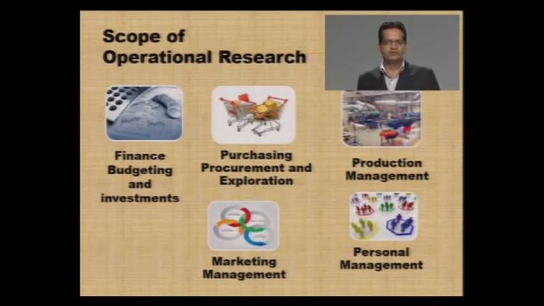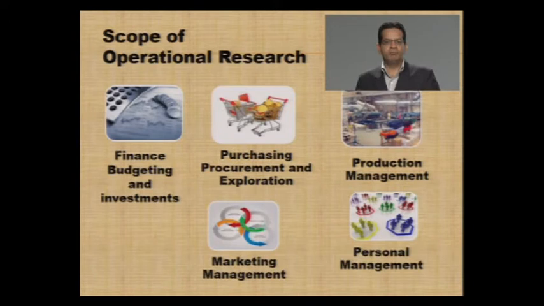So the person who is dealing with finance uses the OR techniques, and the same goes for purchasing, procurement and exploration, where we use the inventory models. When we go to the supermarket, we see there is no shortage. Every time the item is available, because it is based on the inventory model. When the item is short up to the limit, the order is placed automatically.